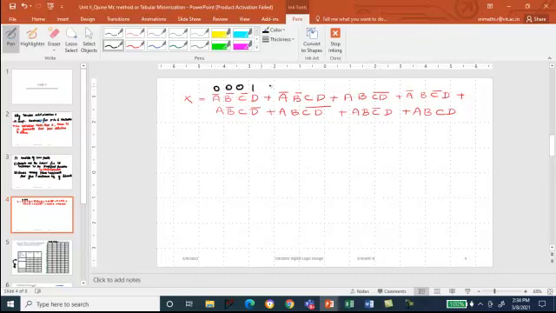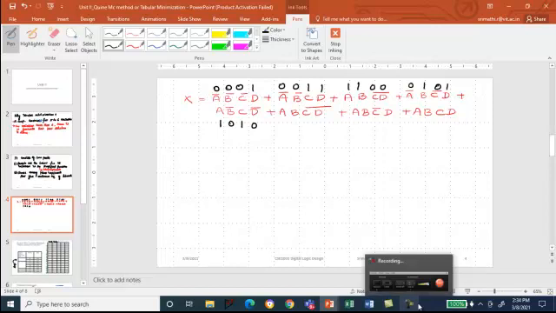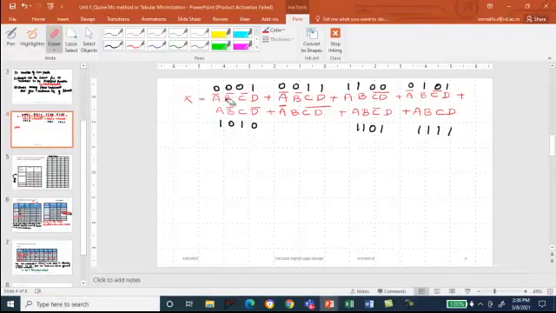This is 0001, this is 0011, this is 1100, this is 0101, this is 1010, this is 1100, this is 0100, whereas the other two terms are 1101 and 1111.